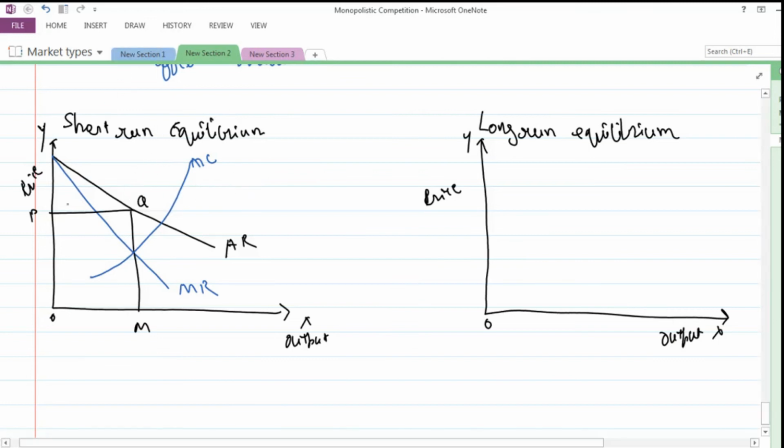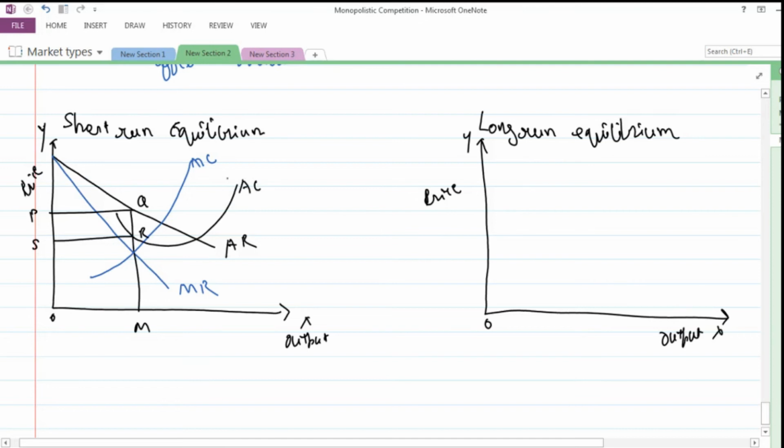Now we would be determining the price. The cost would be a bit lower because if it is here, then we would be at the break-even point, but it would be a bit lower. So this is the place where the average cost curve would be.